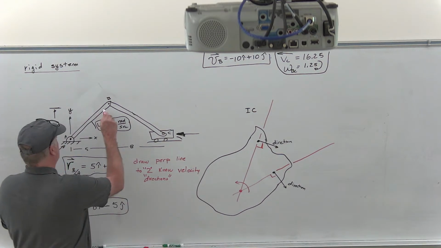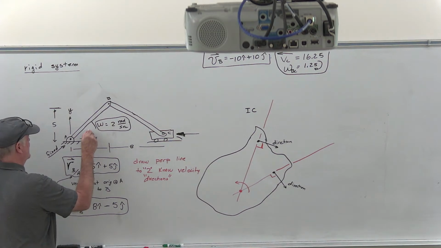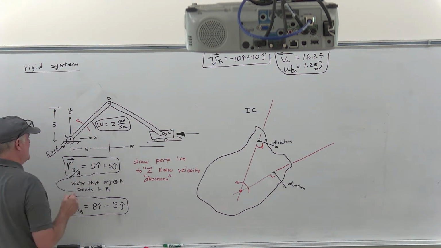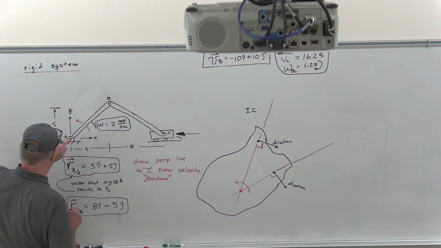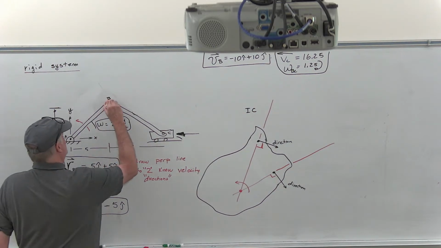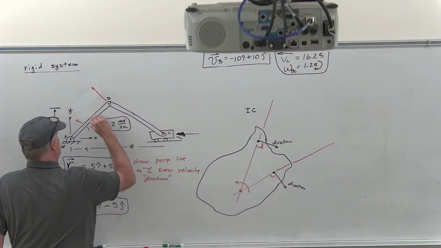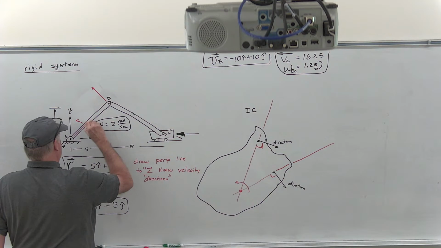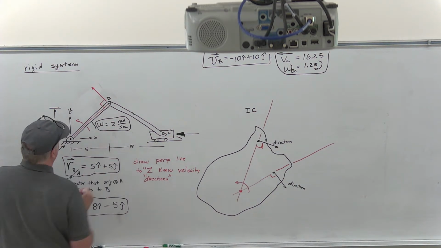So this one's easy. If it is rotating like this, the link's instant center is always A. It's pinned there. So this velocity is perpendicular to a line from here to here, and we already knew that, so there it is.